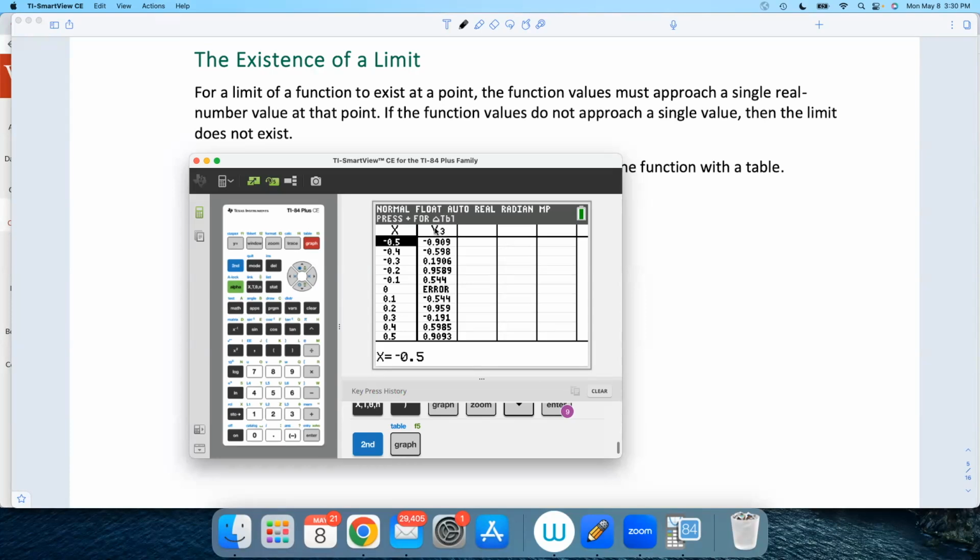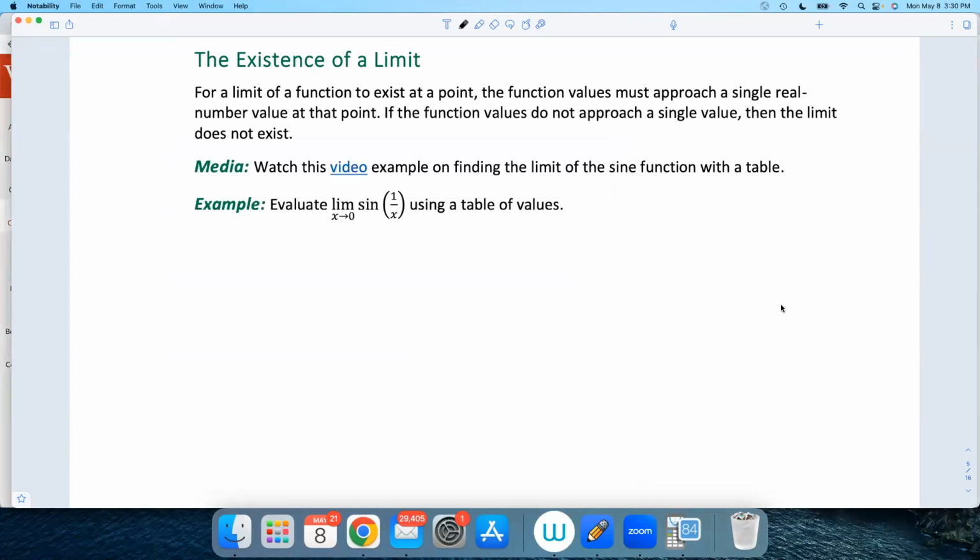But just looking here, it doesn't even appear that these numbers are approaching anything, because that's a positive number from below. That's a negative number from above. And if we make our delta x even smaller, we'll just get even crazier. We'll get more chaos. This limit does not exist.